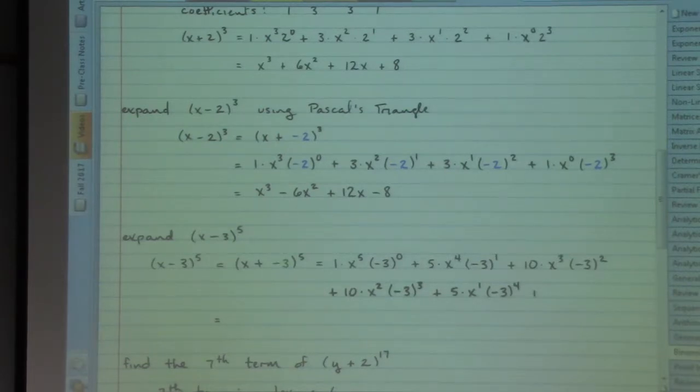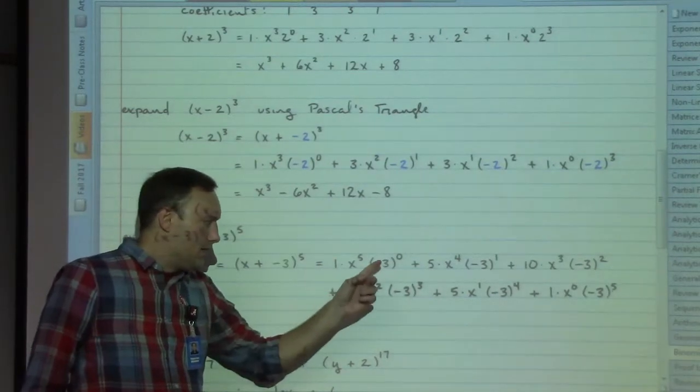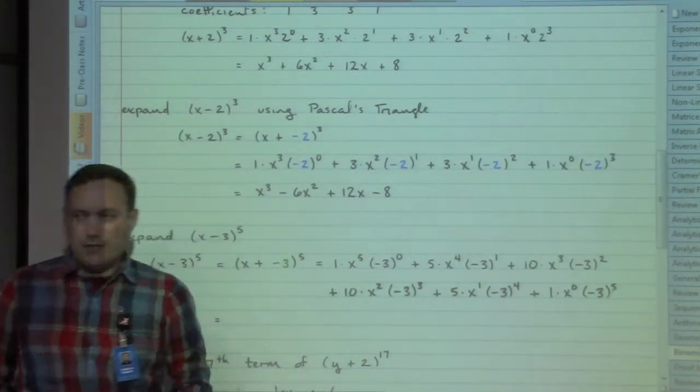And finally, our last coefficient is a 1. Our x would drop down to a power of 0, and our negative 3 would bump up to a power of 5. So now we would want to go through and simplify each of those. We've got 6 terms to worry about. A 1 times a 1 times an x to the power of 5.